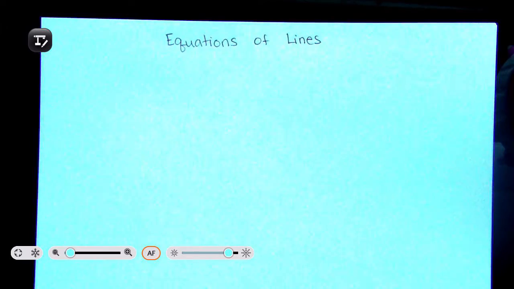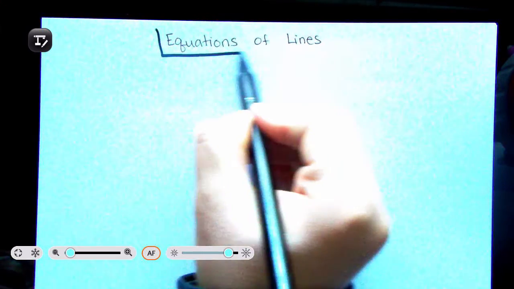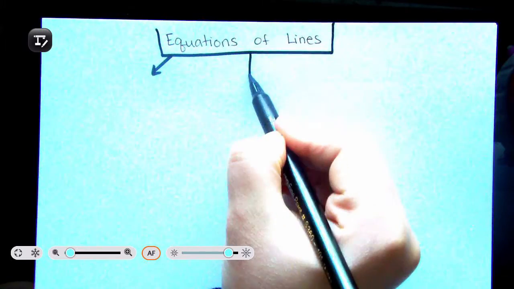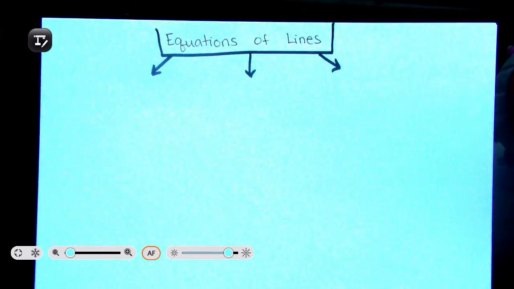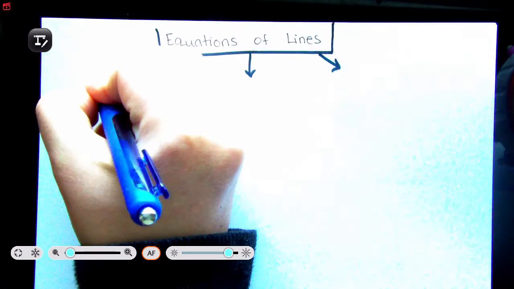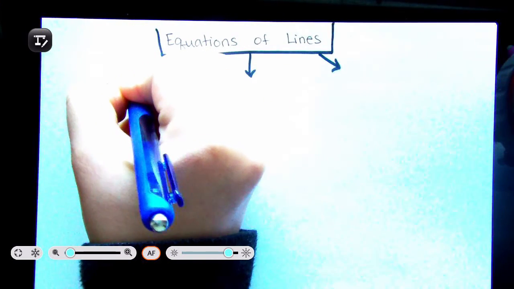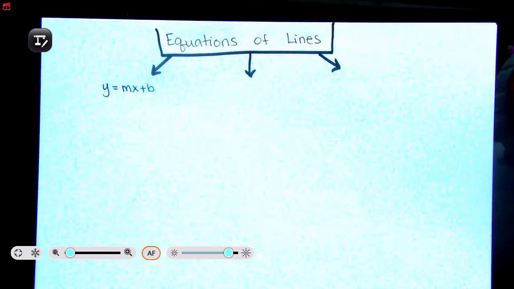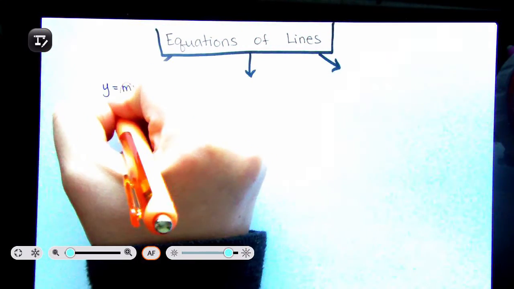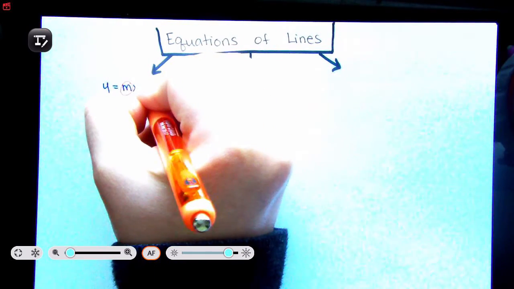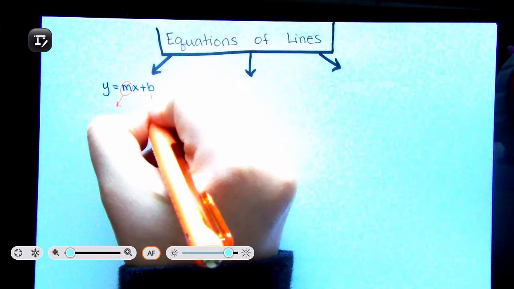There are 3 types of equations that we focused on. The first one is our absolute favorite, y equals mx plus b, where m is our slope and b is our y-intercept.